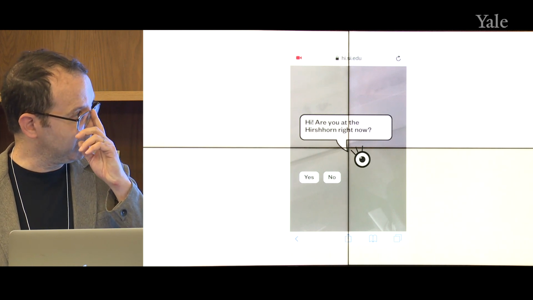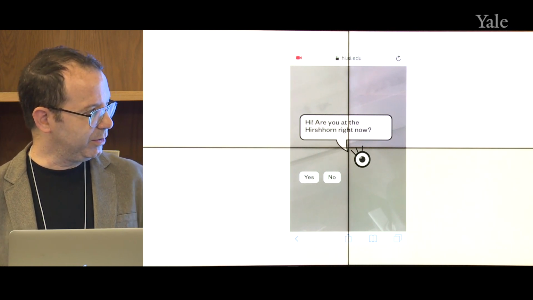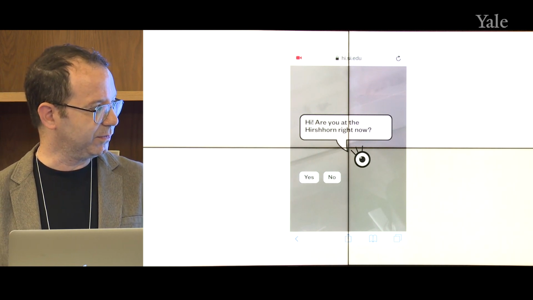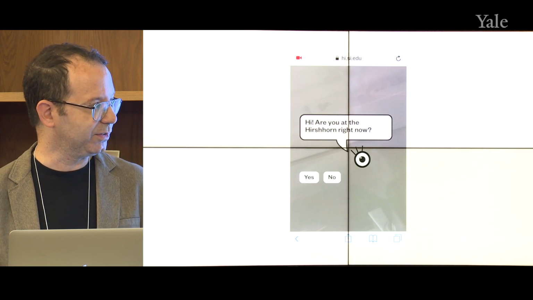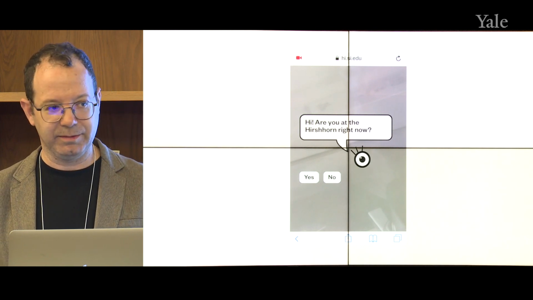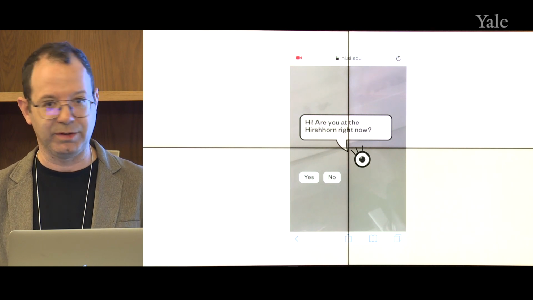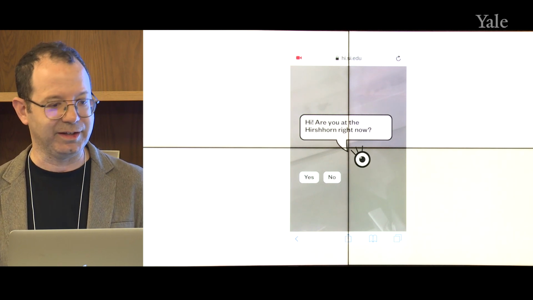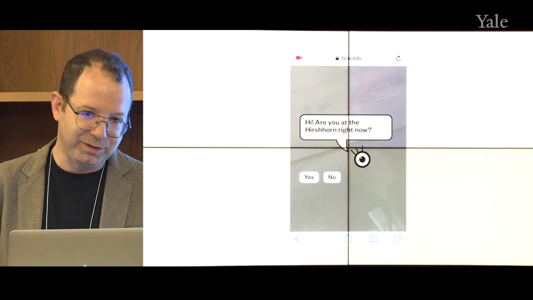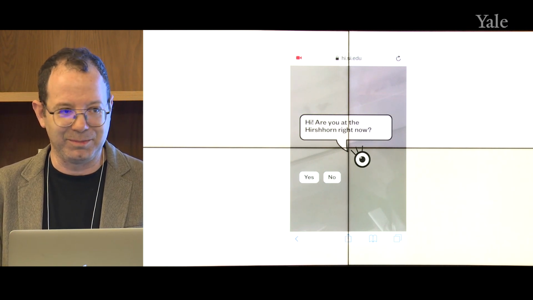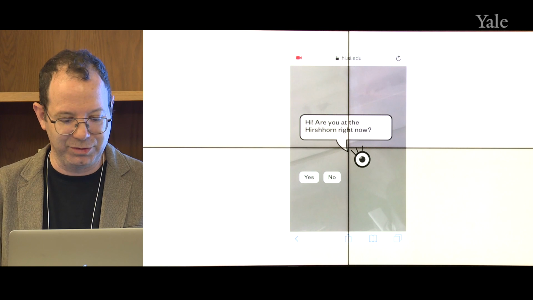One thing we learned pretty quickly, not so much from user testing, but from looking at other similar applications, is that lots of people will be confused and think that you can use this website when you're not at the Hirshhorn Museum. And so we thought, should we use location permission? But that can be kind of intrusive.